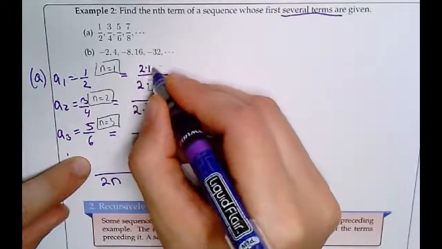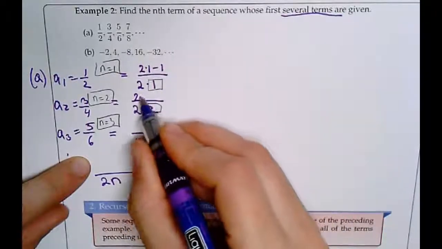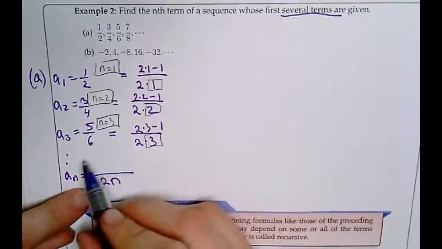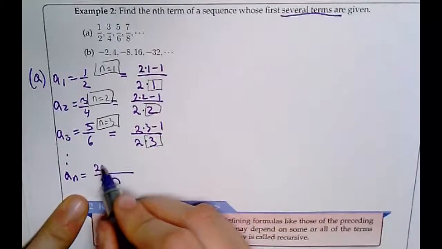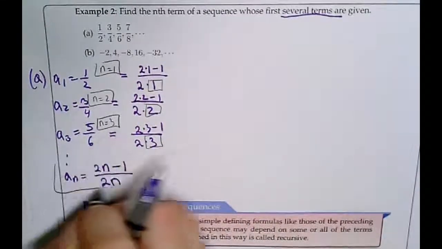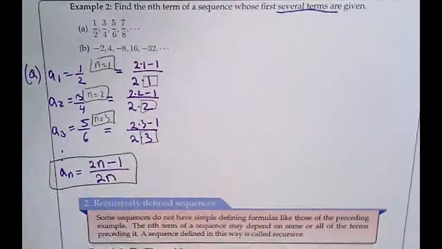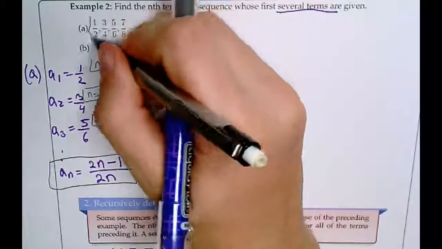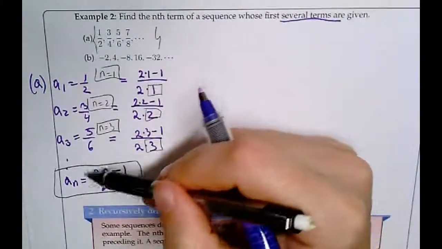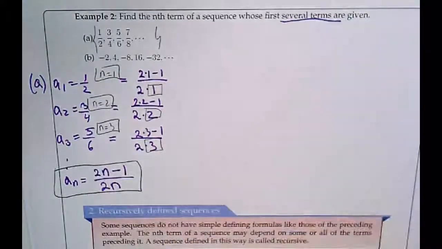So 2 times 1 minus 1, 2 times 2 minus 1, 2 times 3 minus 1. So in general, the numerator is going to be the denominator less 1. So this is the general formula for the sequence. So I can write the sequence by listing the terms or by giving the formula for the general term a_n.